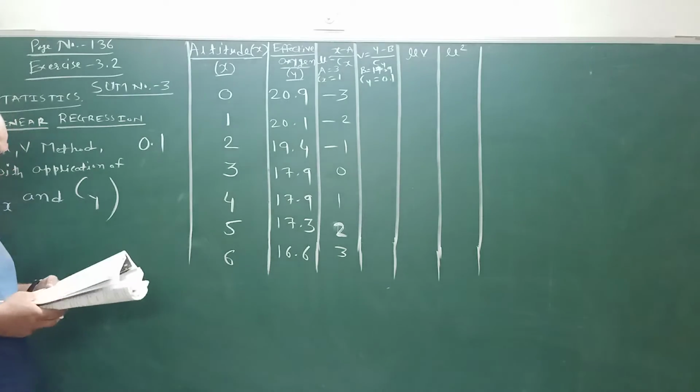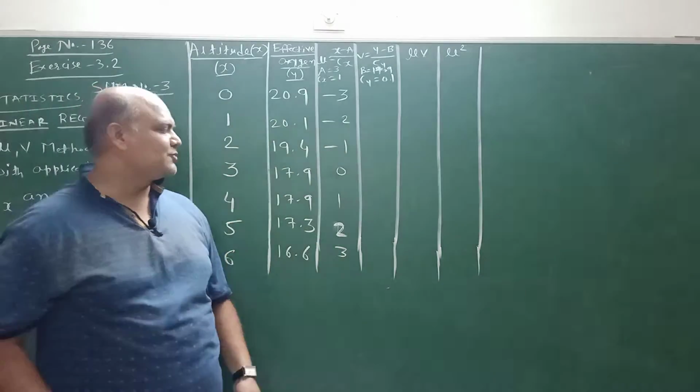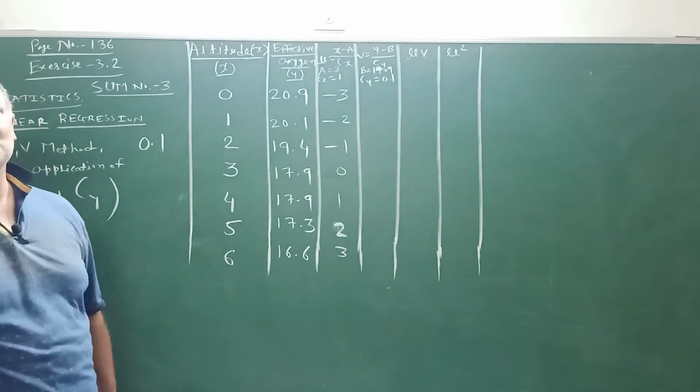Here the column is ready: minus 3, minus 2, minus 1, 0, 1, 2 and 3.